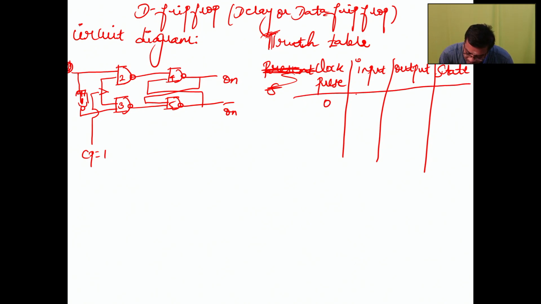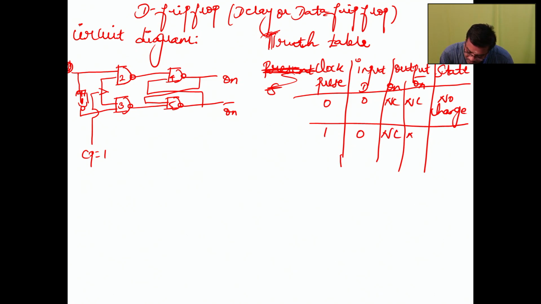And the clock pulse is 0. So when the input is 0, automatically the output is no change. When the clock pulse is 1, while we are giving the input 0, we will get no change.